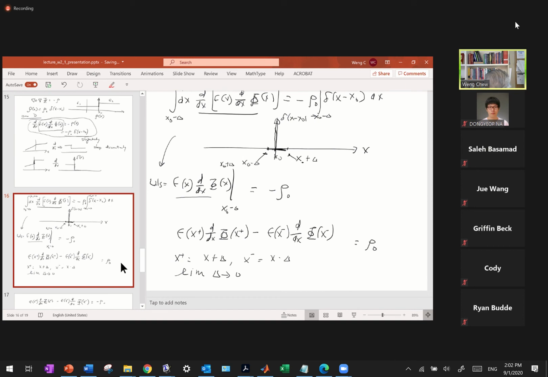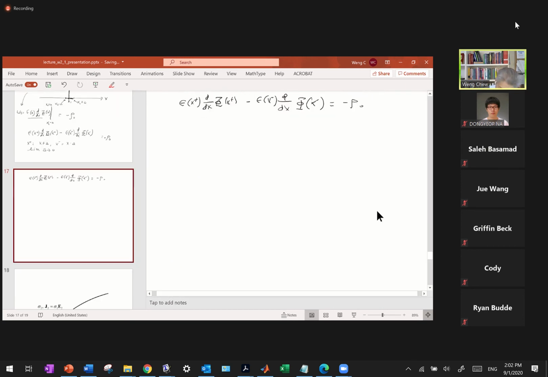But what is d dx phi? d dx phi is equal to minus e sub x, because we define E to be minus gradient of phi. So this equation can also be written in terms of electric field.